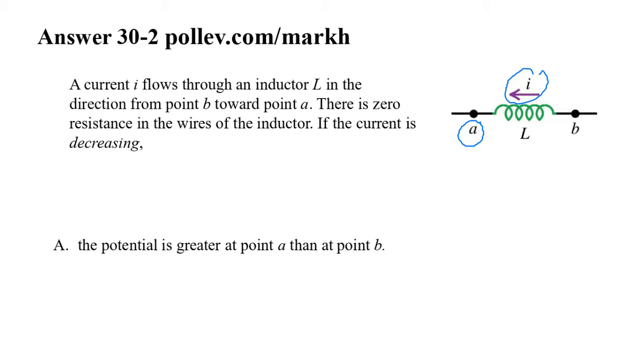Maybe you might like to think of it as a water wheel analogy, so you can think of this as being like some little water wheel that we've got spinning.